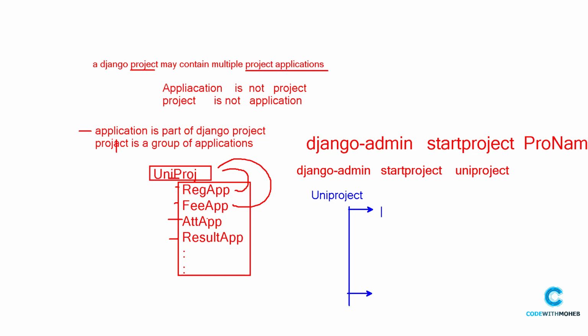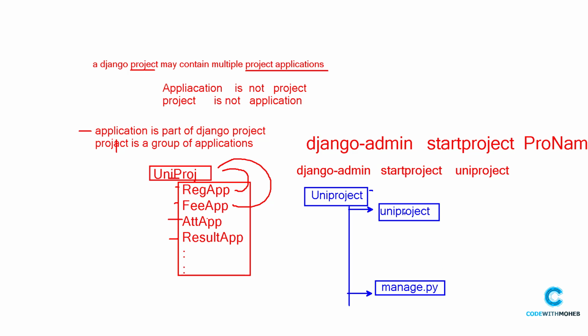One is the uni project, exactly the same name as this one. We will have a directory or a folder. This is called the inner project folder, and this is called the outer project folder. And also we will have another file that is called manage.py.